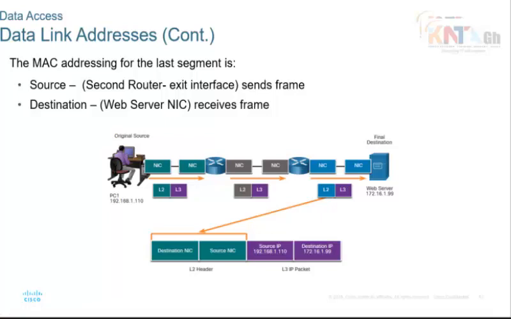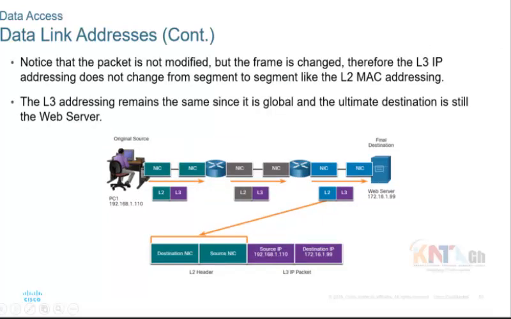The MAC addressing for the last segment is that the second router's exit interface, which is here, sends the frame to the network card of the server. So notice that the packet is not modified, but the frame is changed. Therefore, the layer 3 Internet Protocol address does not change from segment to segment like it does with layer 2 MAC addressing. The layer 3 addressing remains the same since it is global and the ultimate destination is still the web server.